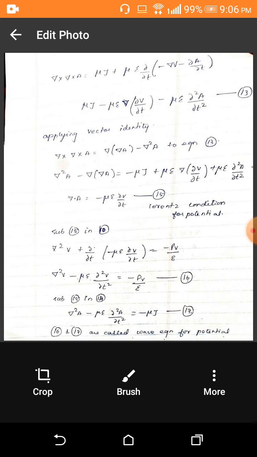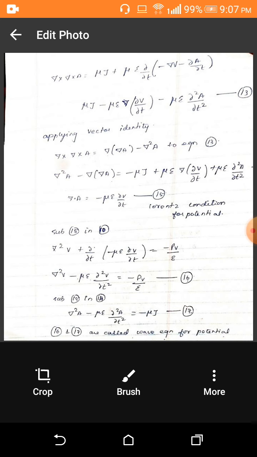The two equations are del square V minus mu epsilon dou square V by dou t square is equal to minus rho V by epsilon, and del square A minus mu epsilon dou square A by dou t square is equal to minus mu J. The first, the 16th expression, is the wave equation for potential in terms of the electric field, and the 17th expression is the wave equation for potential in terms of the magnetic field.